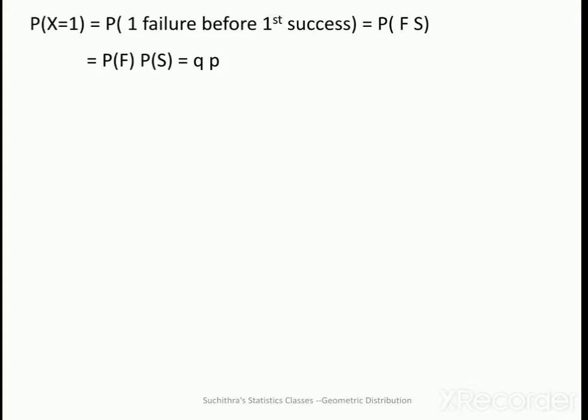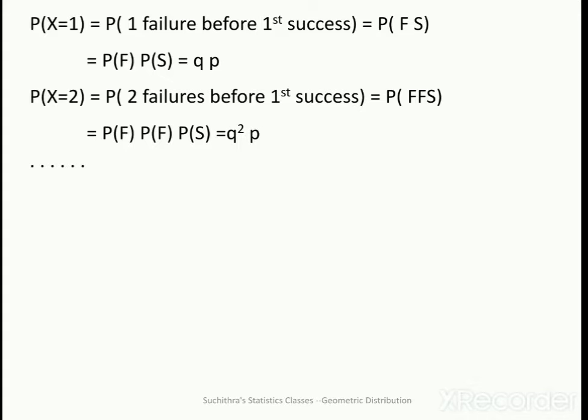P(X = 1) is the probability of one failure before the first success, that is P(FS). And we know that trials are independent. It is P(F) times P(S), that is qp. P(X = 2) is the probability of two failures before the first success, that is P(FFS).